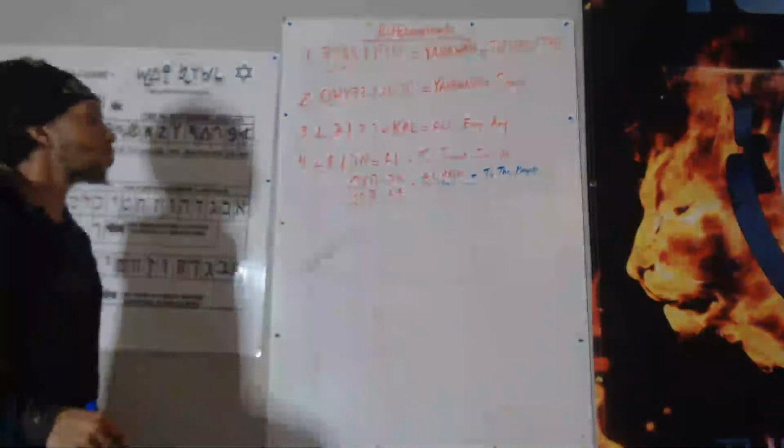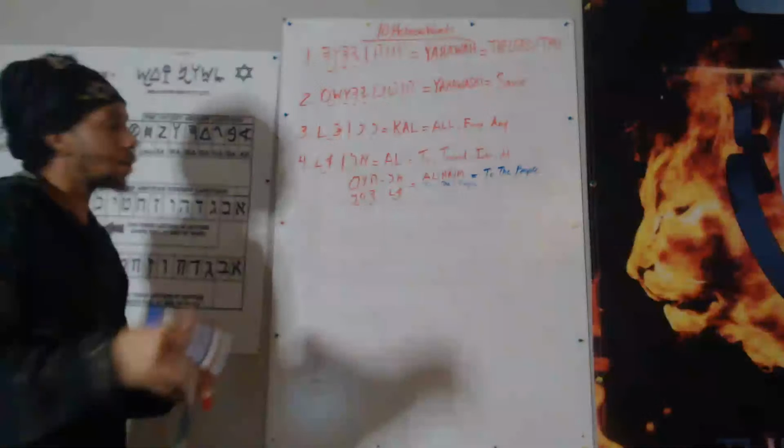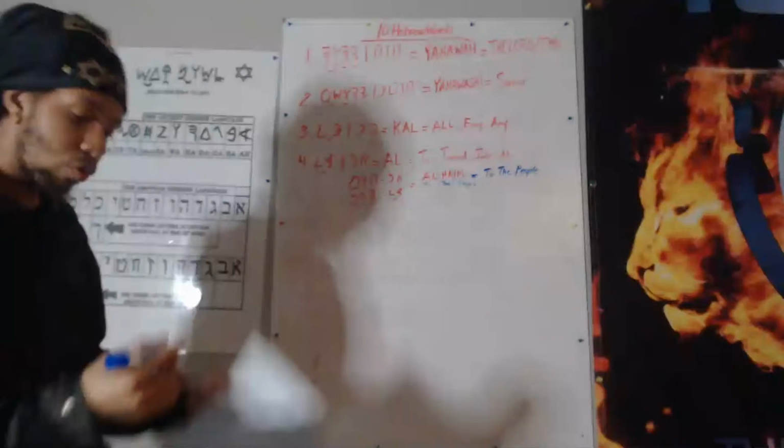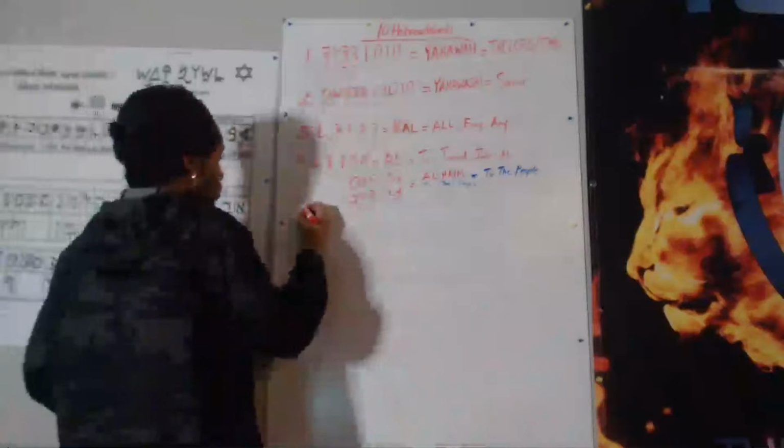All right? To the people. Okay, that's what that means. That's just a clear example how to show you how to use the word. All right? And so let's see, one word that I was speaking about earlier. It's called, I'll give it to you in a second.